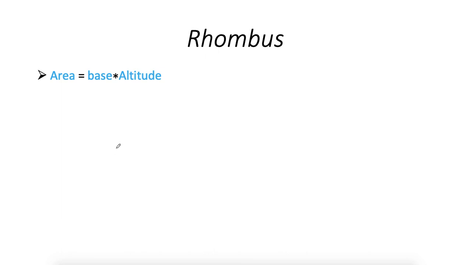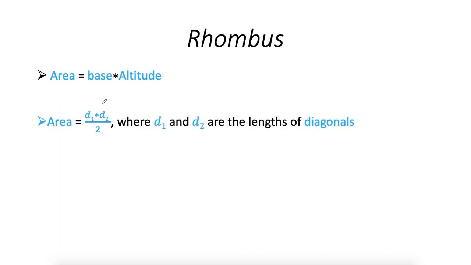The next thing is to find the area. The usual way to find the area is to take a base and find the height relevant to that base and just multiply them. But in case of rhombus, you can't do that in all of the cases because of the angles. So in that scenario, you need to consider the two diagonal lengths, multiply those and divide by 2.